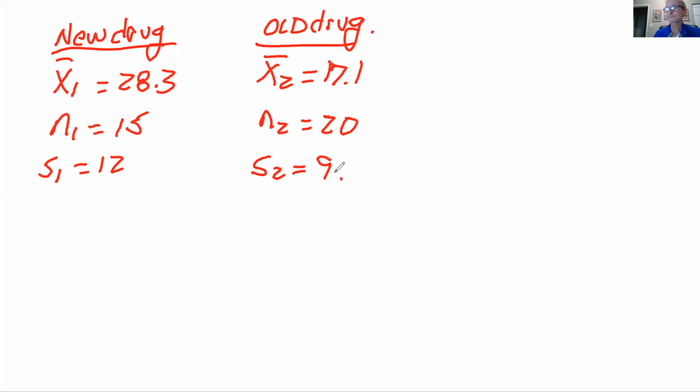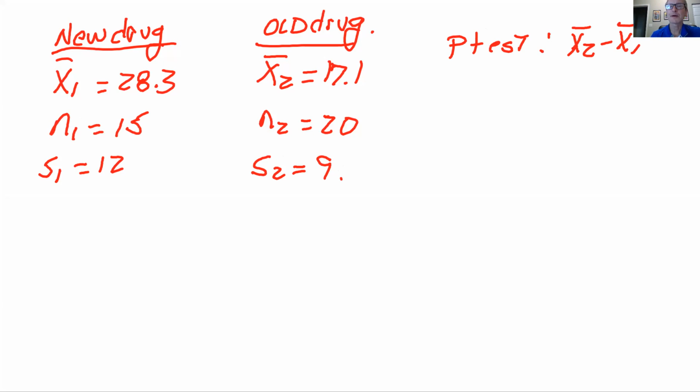To refresh your memory, this point estimator will be x1 bar minus x2 bar.